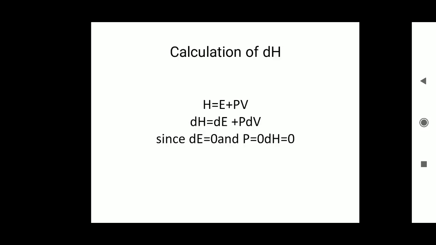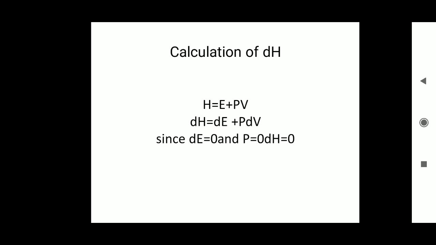Now, calculation of dH. As we know, enthalpy must be equal to internal energy plus pressure into volume. Now on differentiation, dH must be equal to dU plus d(PV). We know that for 1 mole of an ideal gas PV is equal to RT, therefore dH is equal to dU plus R dT.